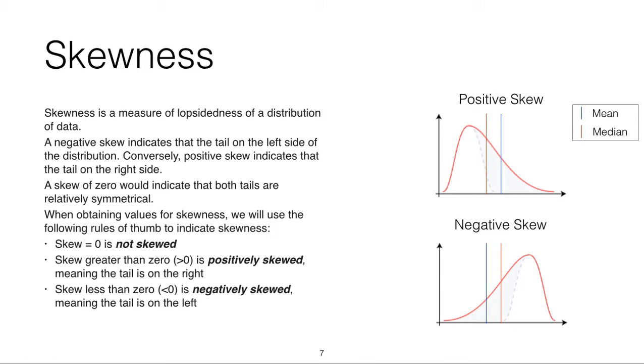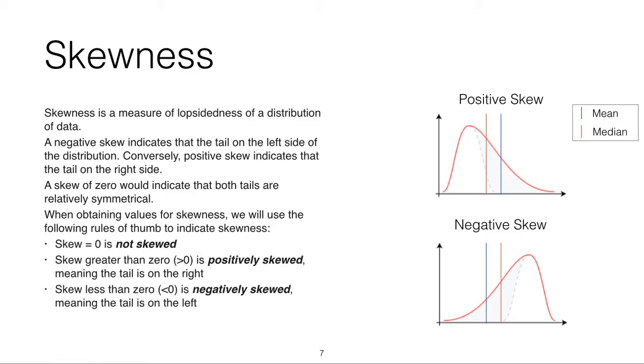If it's 0, we don't have a skew, meaning that tails on the right and on the left are very similar to each other. A negative skew, which is your bottom right graph, would indicate that the tail is on your left. A positive skew, your graph that is top right, means that the tail is on the right.